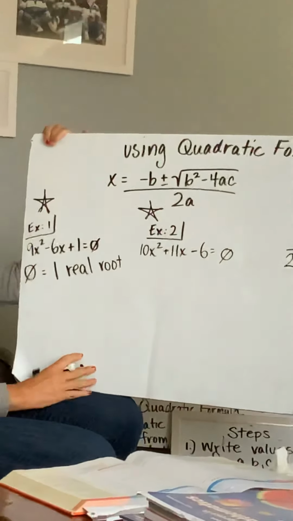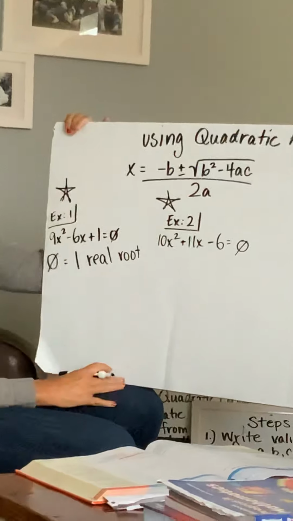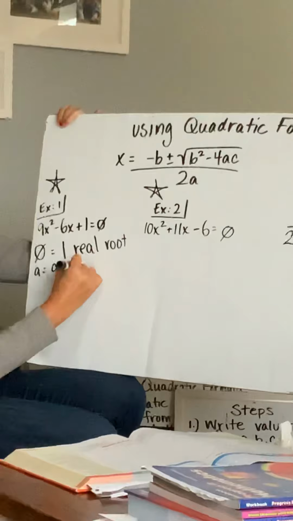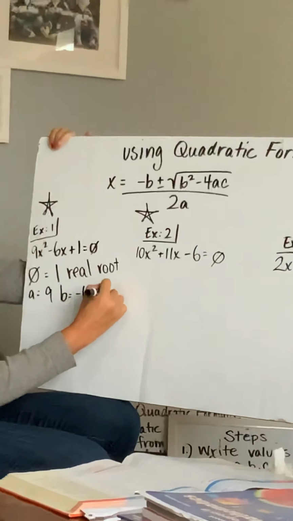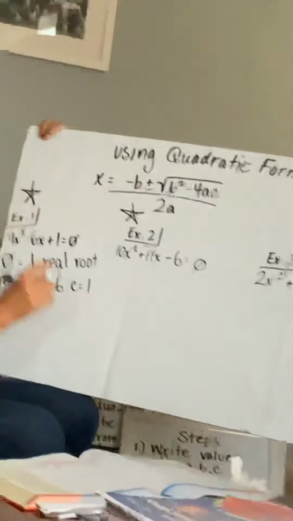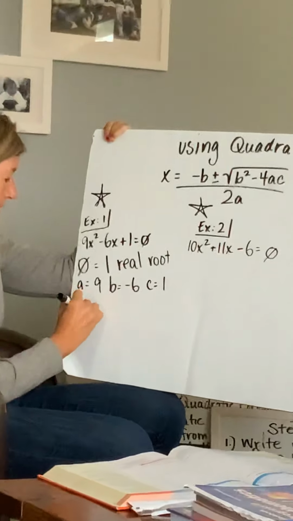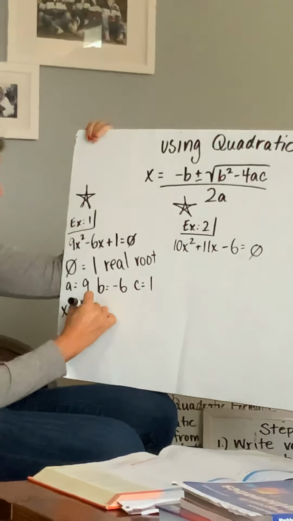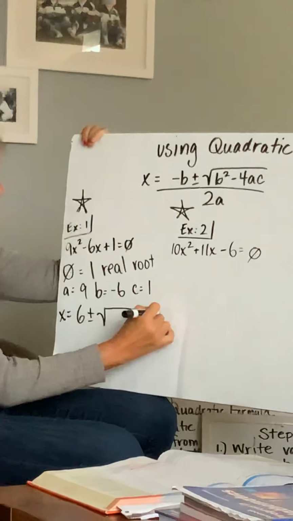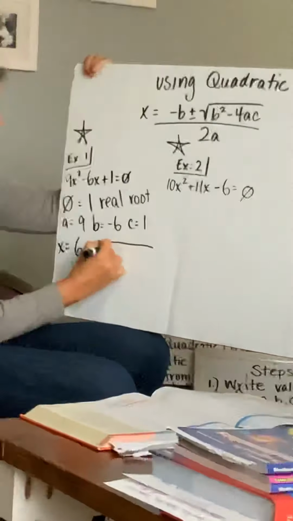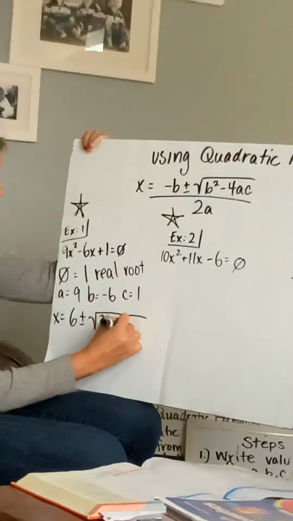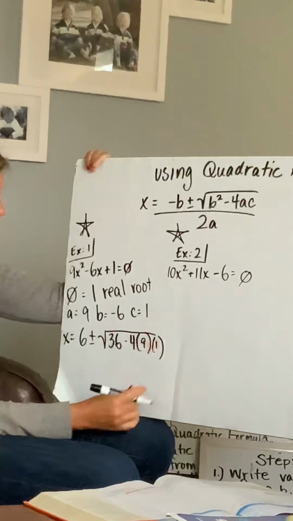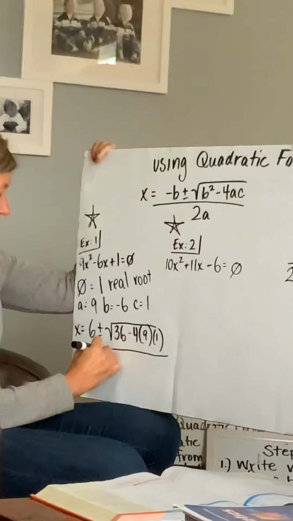So now we're going to substitute in for the quadratic formula. So opposite of b, what's the opposite of negative 6? So let's put our values down for a, b, and c. So a equals 9, b equals negative 6, c equals 1. Now let's substitute in. X equals opposite of b, so opposite of negative 6 is 6, plus or minus the square root of b squared, which is 36, minus 4 times 9 times 1, all over 2 times a.